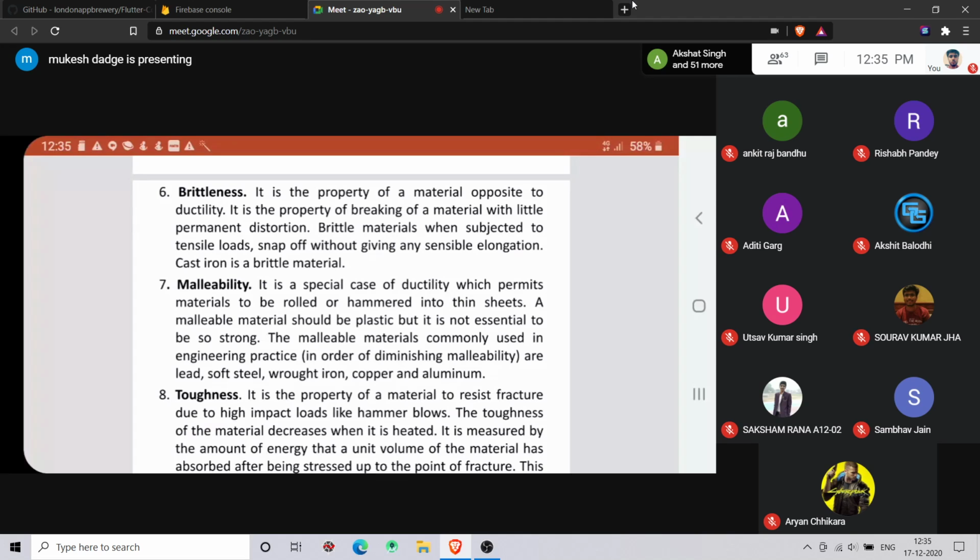Right? The next one is malleability. Again, it means the material can be converted into thin sheets. A malleable material should be plastic, but it is not essential for it to be so strong. The malleable materials commonly used in engineering practice are lead, soft steel, wrought iron, copper, and aluminum.